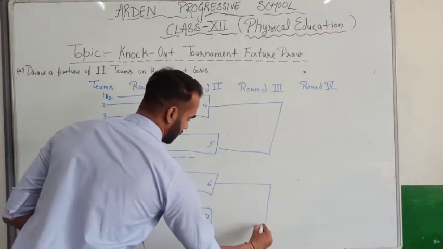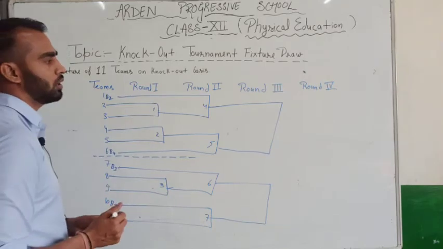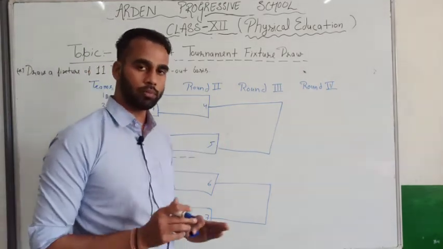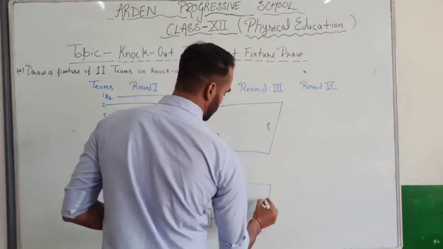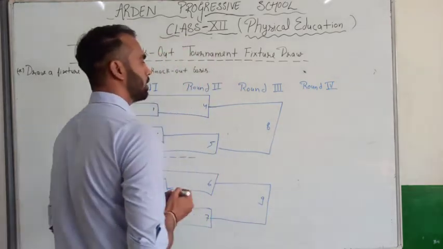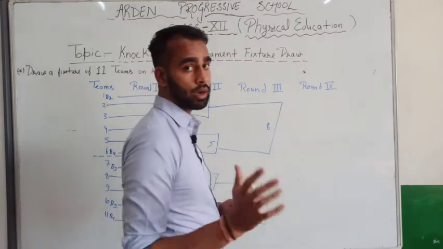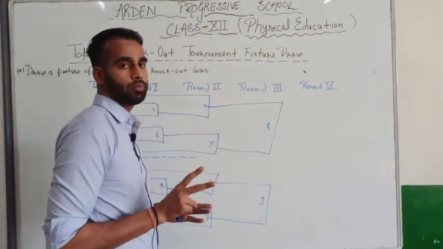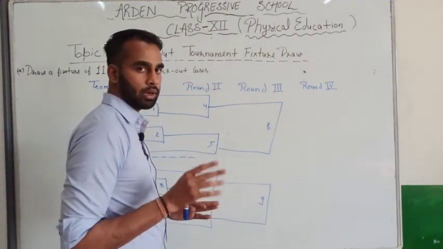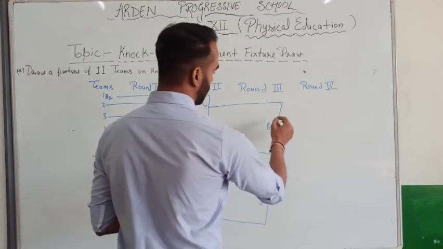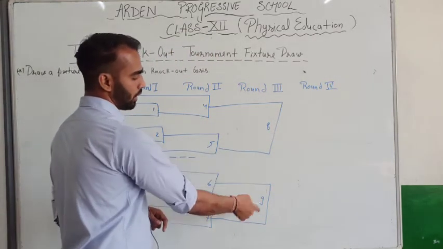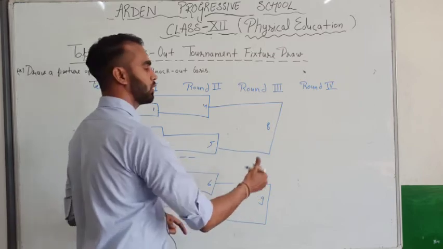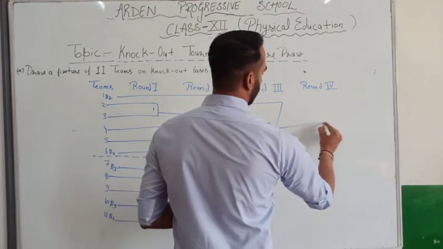So round 3 is complete, and the numbers of matches are 8 and 9. In the final round, only 2 teams participate: the winners of these two groups of teams. So we conduct the final round.